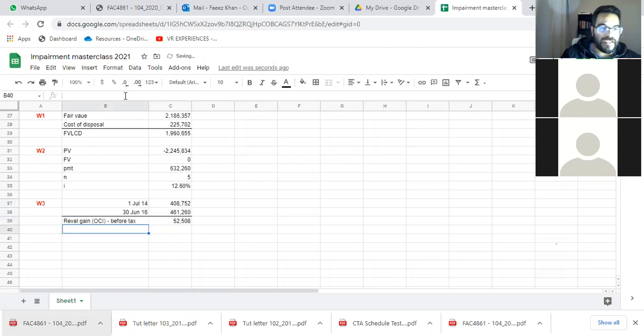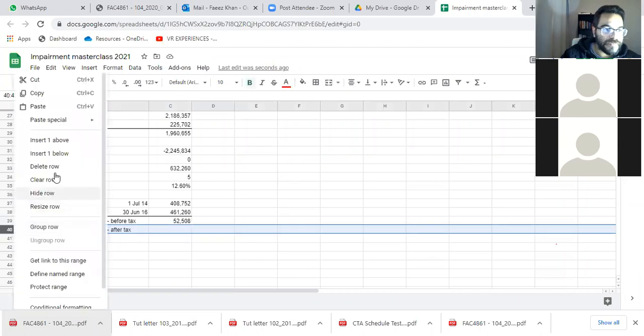So an after tax reval gain, just so you know the difference, what would it be? Okay, we actually do it the other way around.